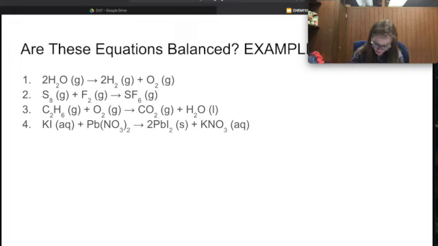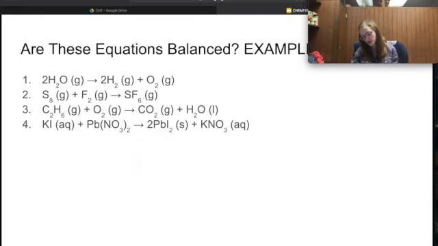So if I move to the products, I have 2 H2 gas plus O2. So if I want to know how many hydrogen atoms I have, I have 4 hydrogen atoms because I'm getting 2 hydrogen atoms from each of those 2 H2 molecules, 2 from each molecule, and I have 2 molecules, lots of 2s.